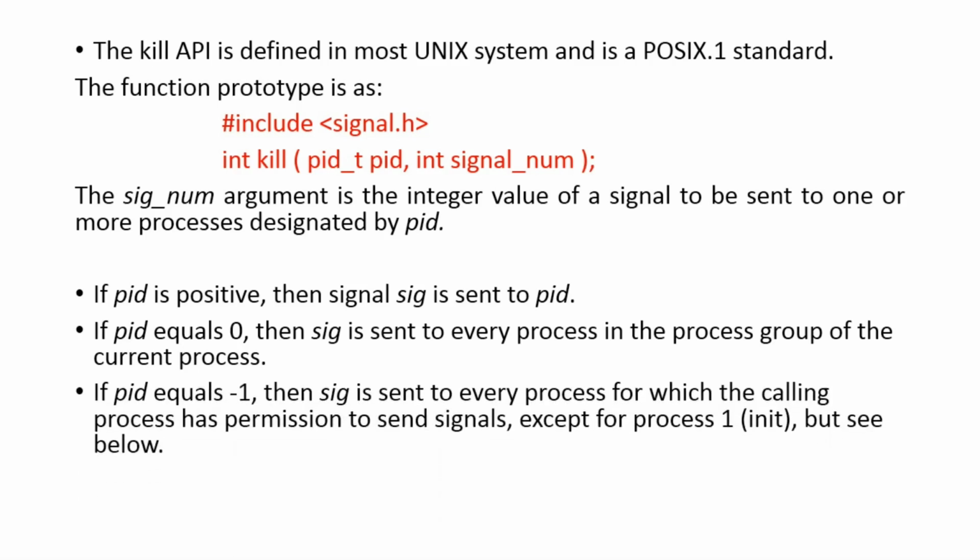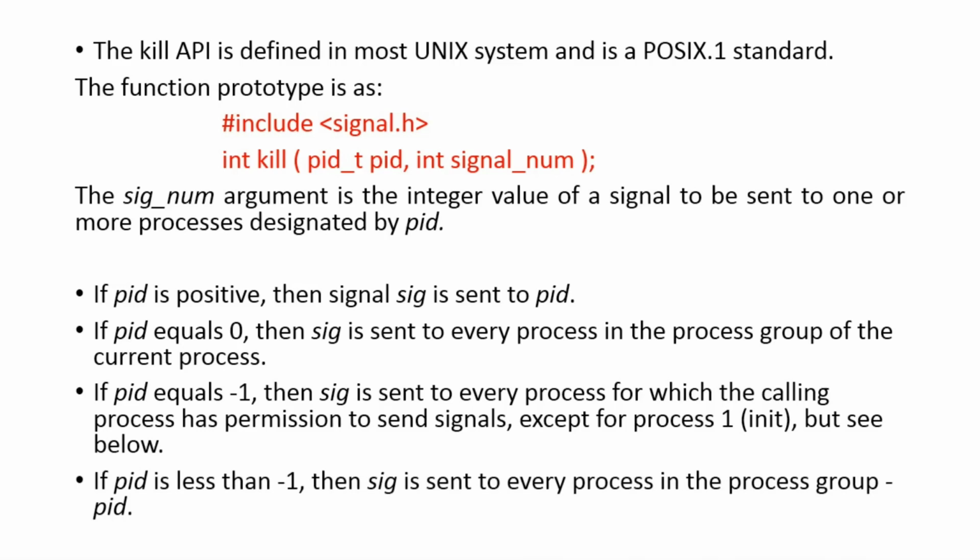If the PID equals -1, then the signal is sent to every process for which the calling process has permission to send a signal. So if the calling process has permission, it can send a signal when the PID is equal to -1. If the PID is less than -1, then the signal is sent to every process in the process group.